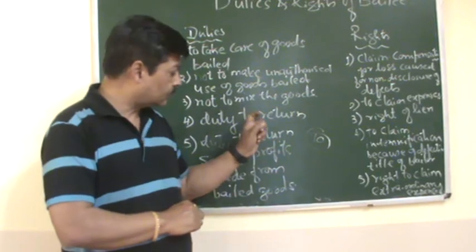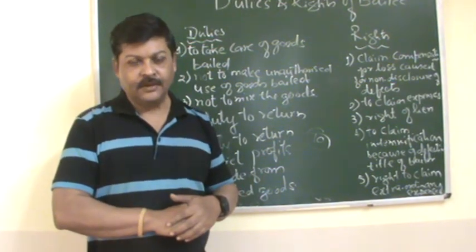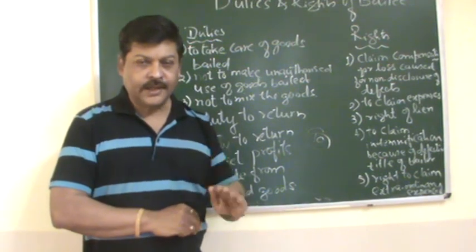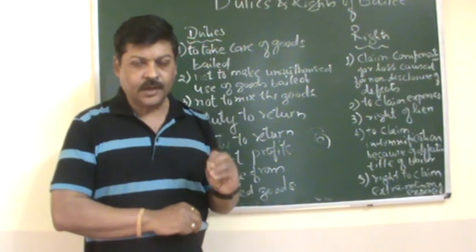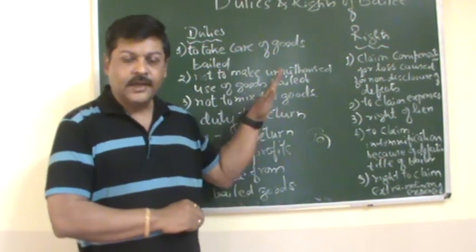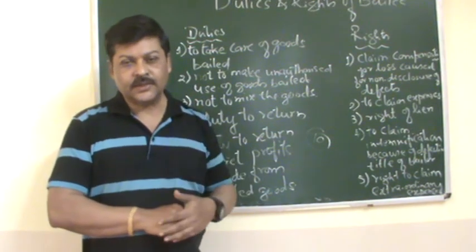So these are the five duties which are imposed on the bailee. The bailee has to adhere to these duties. For the goods which he has received from the bailor, it is his duty to see that these rules or duties are complied with.